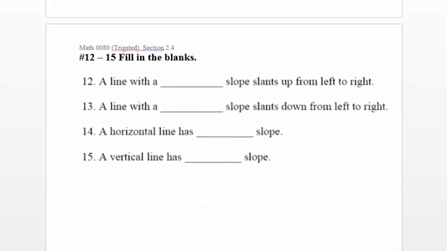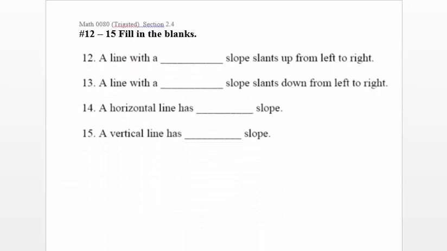All right, let's fill in these blanks. A line with a positive slope slants up from left to right. Whenever my line is slanting upward from left to right, that indicates that the slope is positive.